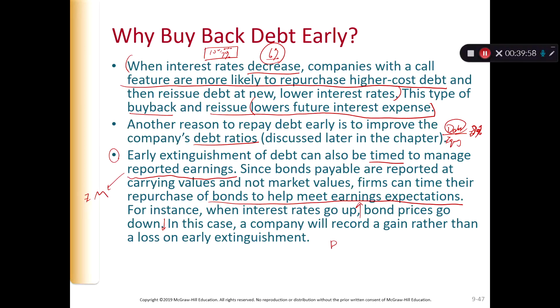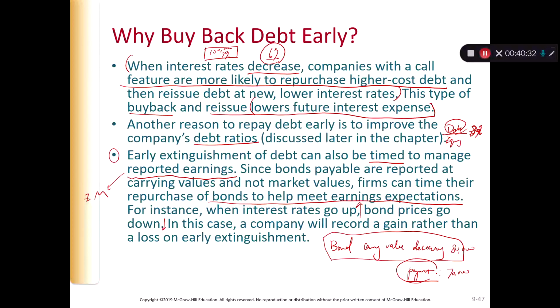So for example, the carrying value is $80,000, and then the payment is actually $70,000 because the bond price becomes cheaper as the interest rate goes up.